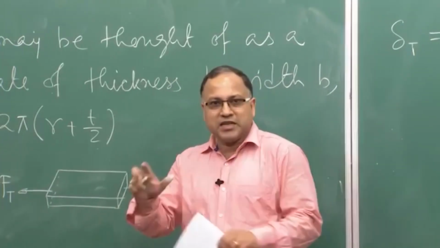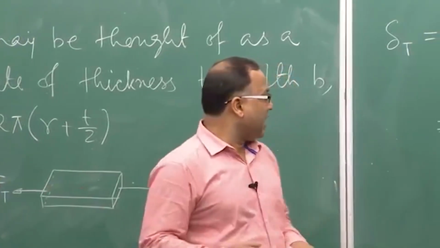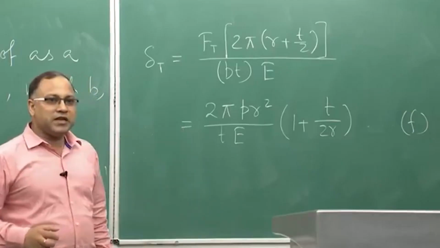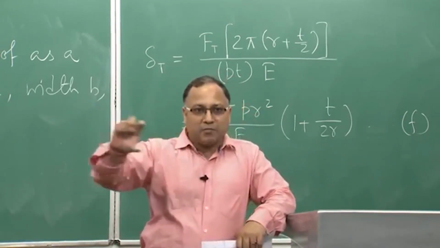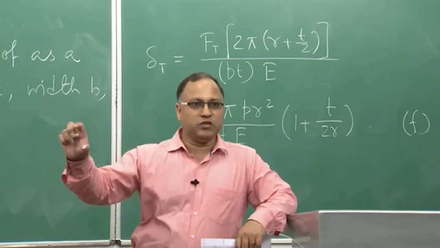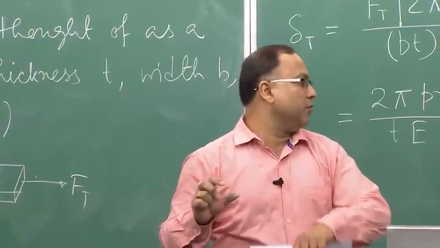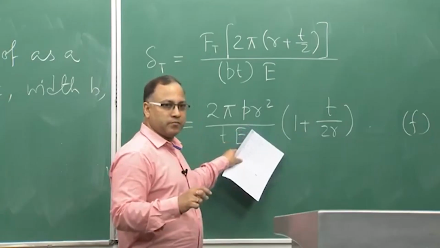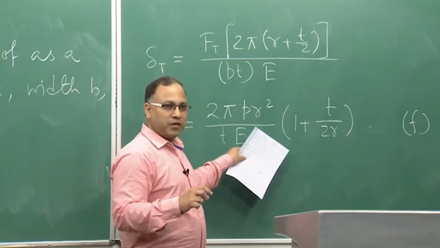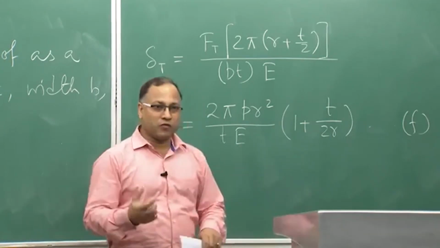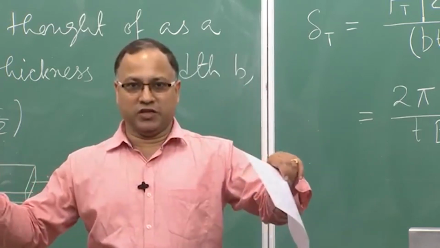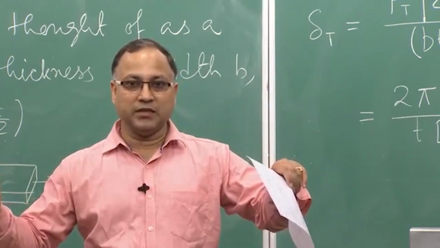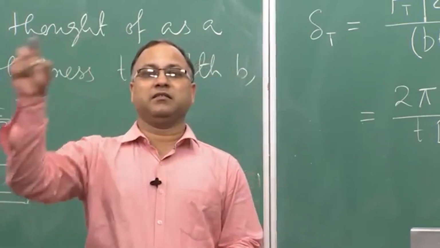We are just cutting this and stretching it out, and then basically we are getting the deformation in the flat plate, which is nothing but delta t by this expression. Now, we have to convert this deformation, this axial elongation delta t, into the radial expansion.